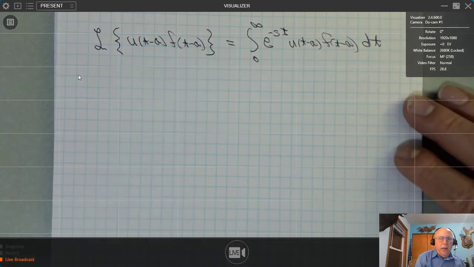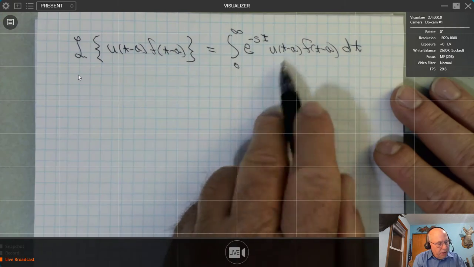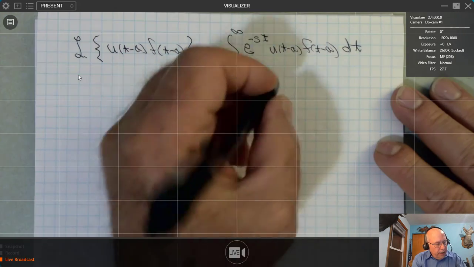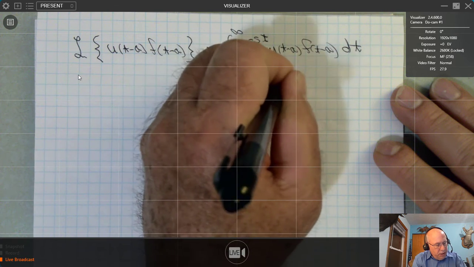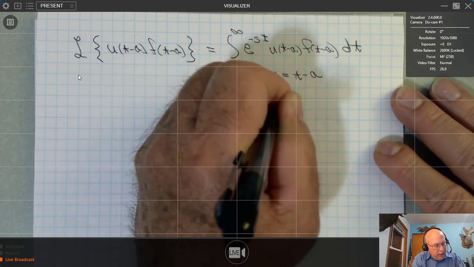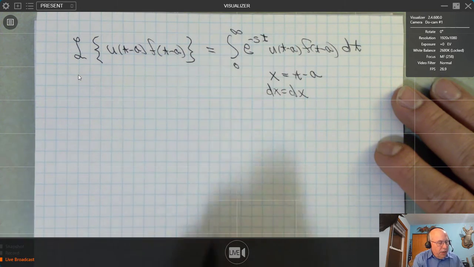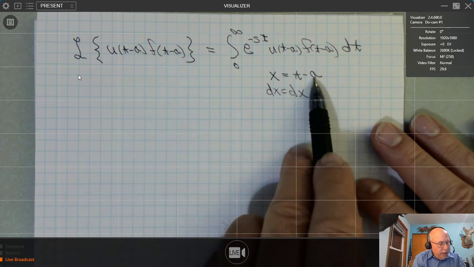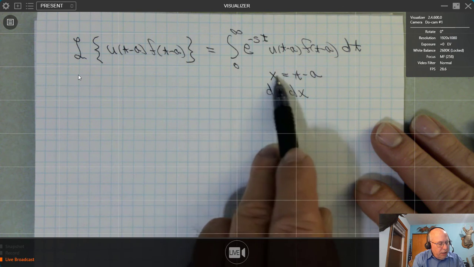And now the substitution really is obvious, right? The t minus a is appearing in here repeatedly. So x, we set that equal to t minus a. dx and dt are, of course, equal. Just as we argued before, when t goes to infinity, so does x.